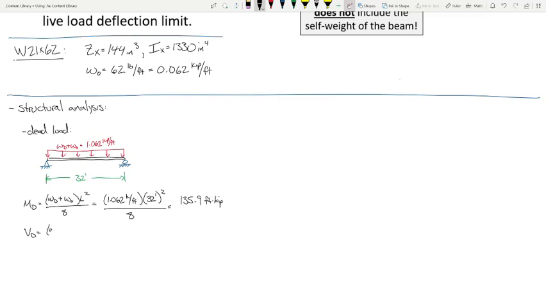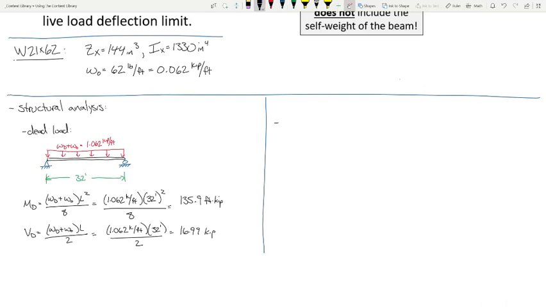I know the writing in that table is a little small. 16.99. Say it again, 16.99? Yeah. Okay. Now that's the dead load.